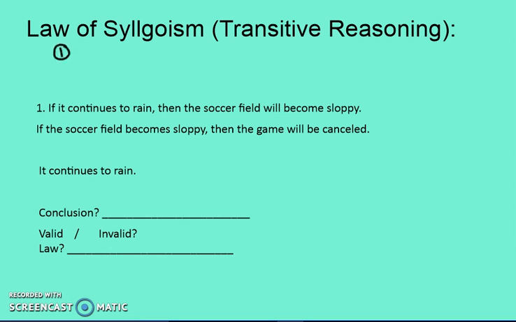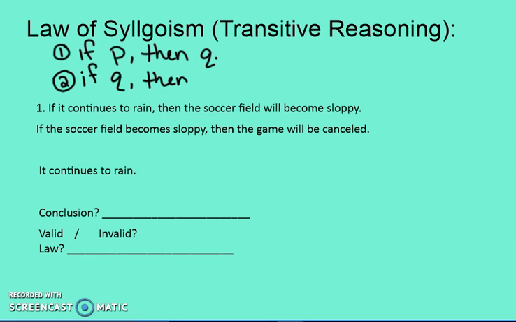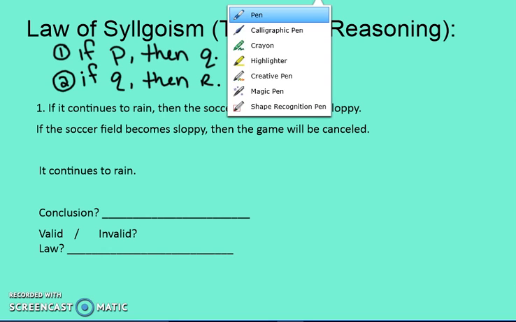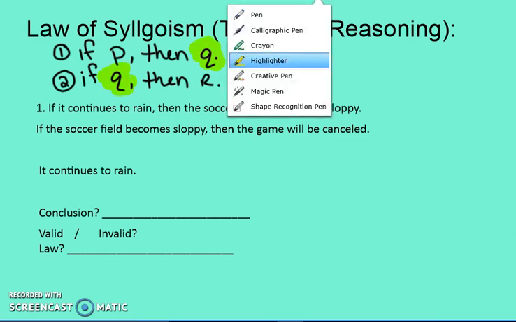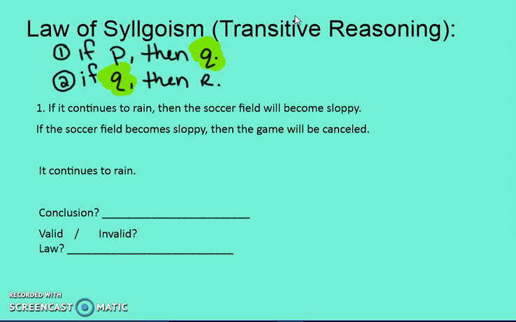My first statement is going to say, if P, then Q, where P is my hypothesis and Q is my conclusion. My second statement needs to say, if Q, then R. And if you notice from here, we have Q's the same, except it moved from the conclusion to the hypothesis.